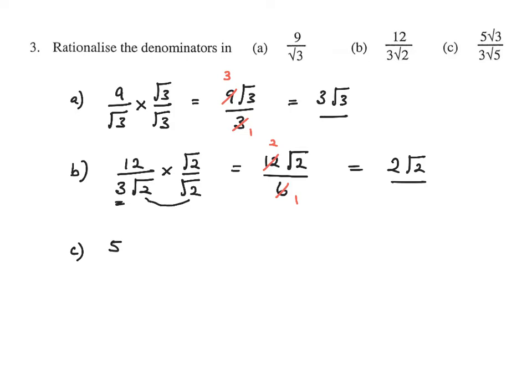5 root 3 over 3 root 5. Multiply top and bottom by root 5. Now, these two multiply together to give me root 15, so it's 5 root 15 on the top.